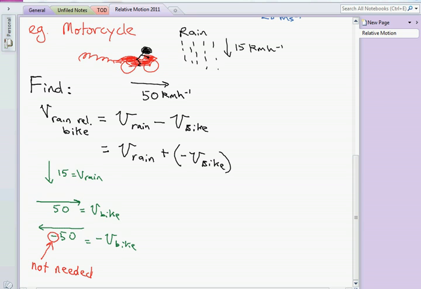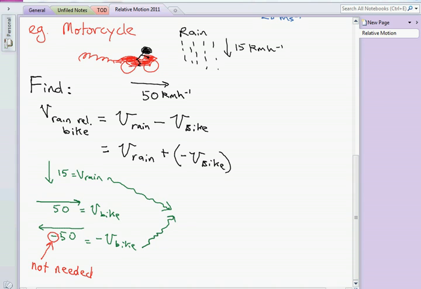Okay, so following the process, going back to green, let's add them together. I can't really draw arrows to show these, can I? So I'll draw a wiggly line, just to show it's not a vector. And another wiggly line.